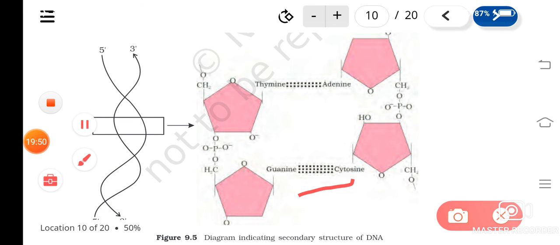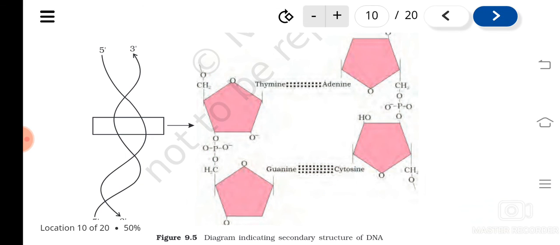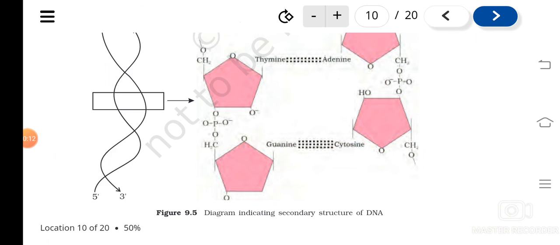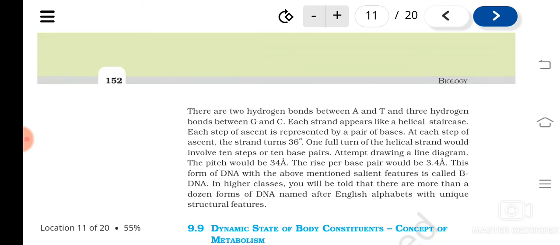So the sugar and phosphate make the strands, and the nitrogen bases are found in between them. Adenine and thymine form two hydrogen bonds, and cytosine and guanine have three H bonds between them.